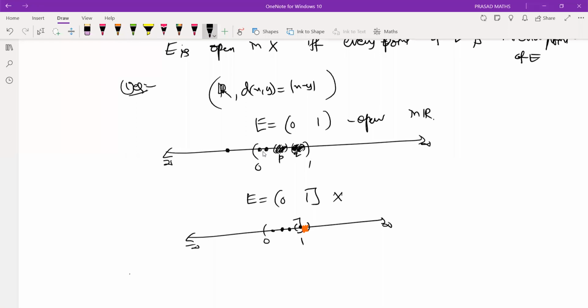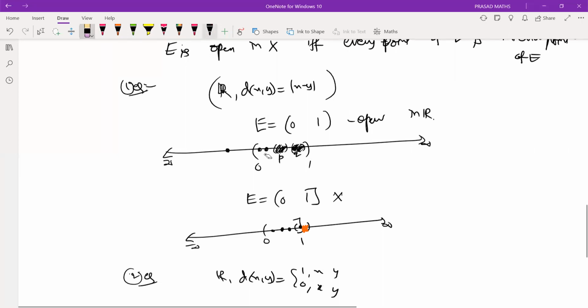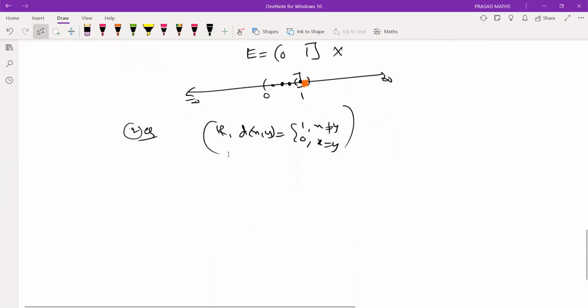But if you take this idea in a different metric space, the discrete metric space, suppose you start with any subset of X. Question: is it open?